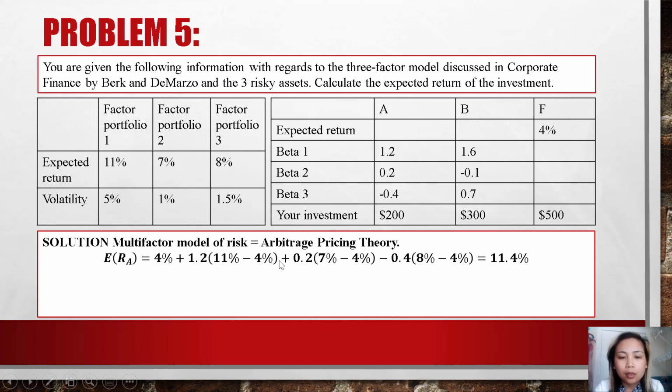See that? This is the multi-factor model of risk, and we got 11.4% as the expected return of A.